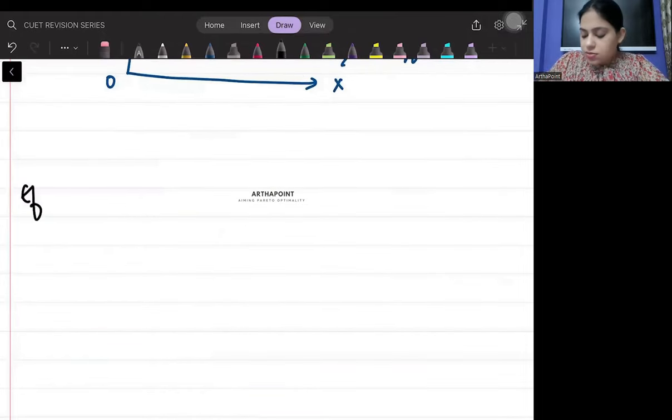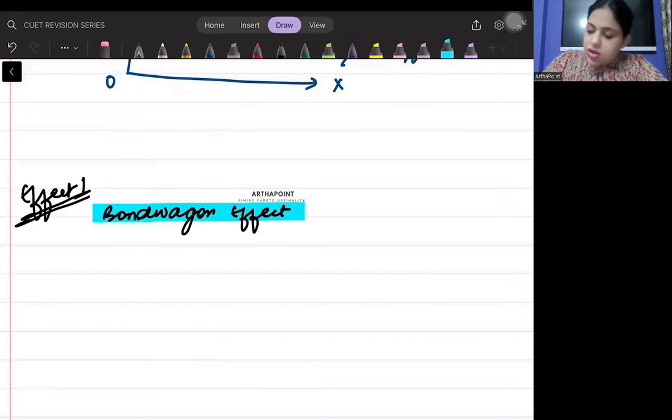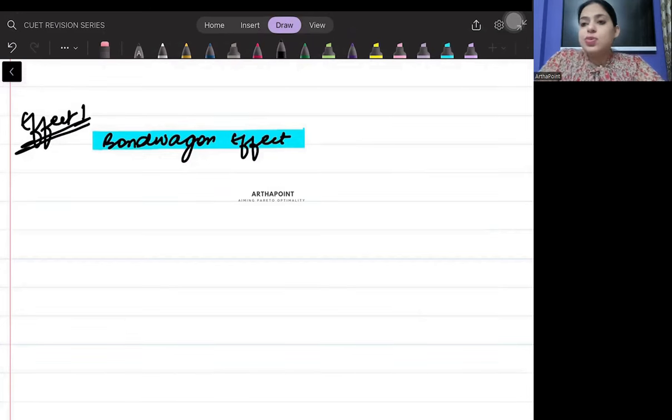Okay. Other than this, we must know two other effects. Effect number 1 is called the bandwagon effect. Bandwagon effect says that you consume a commodity because other individuals are consuming that commodity. So what did I do? I bought an iPhone because my friend bought an iPhone. So individuals demand a commodity because others are demanding the commodity.